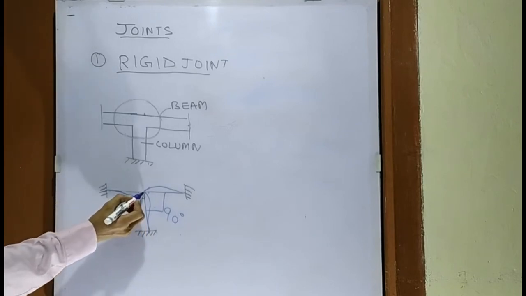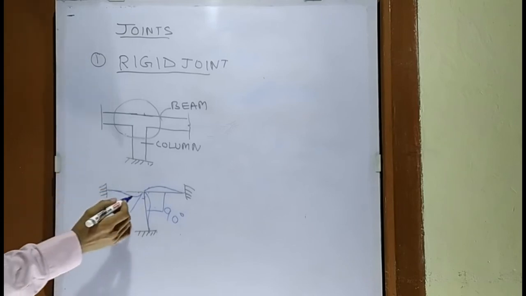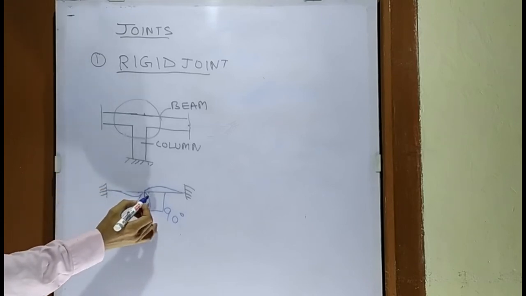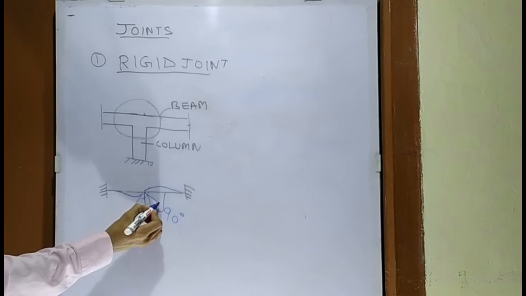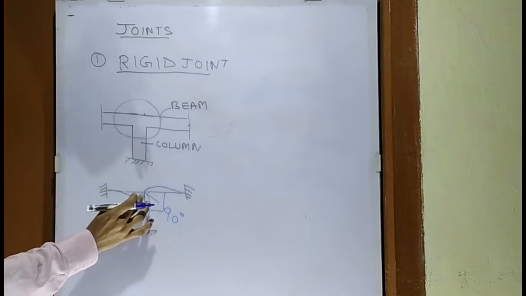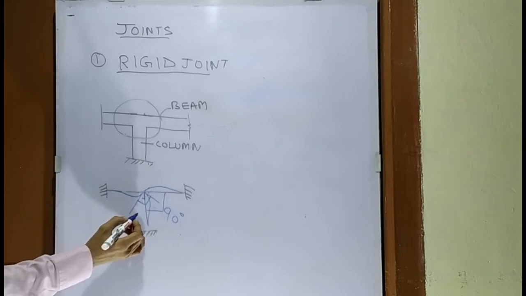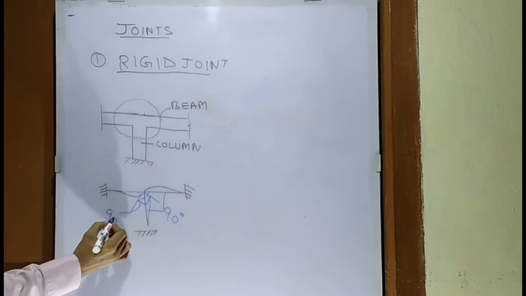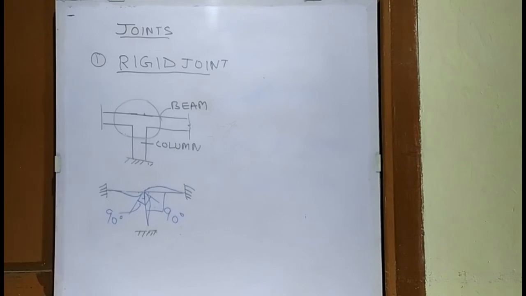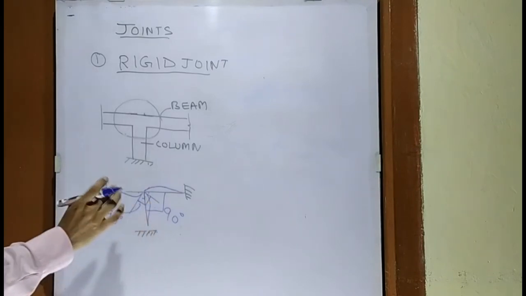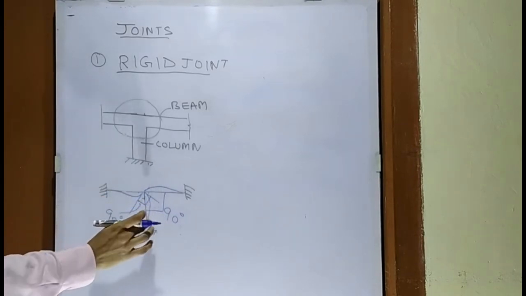If I draw the tangent at this point and at this point, and measure the angle between these two tangents, this angle will also be 90 degrees. So the main thing is that the angle will remain the same after the deflection.